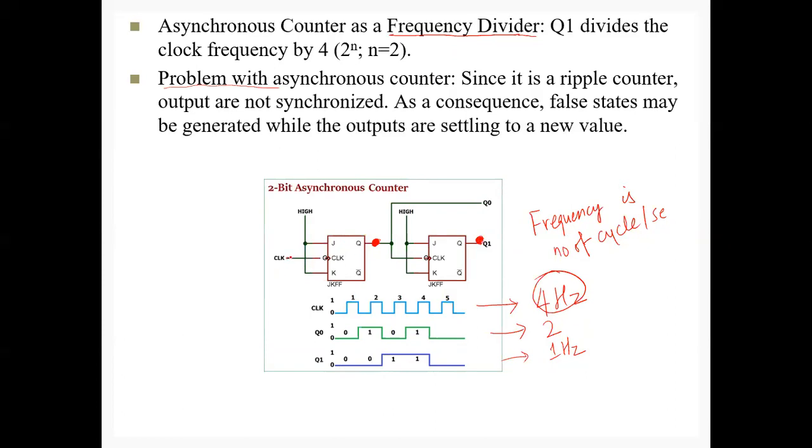Because this guy goes here, then it gets the value already. But this guy will get this value once this guy goes into it. So this guy has to wait a little bit to settle to the new value. So that's why you'll see some false state before this guy settles to the new state. That's what I meant.